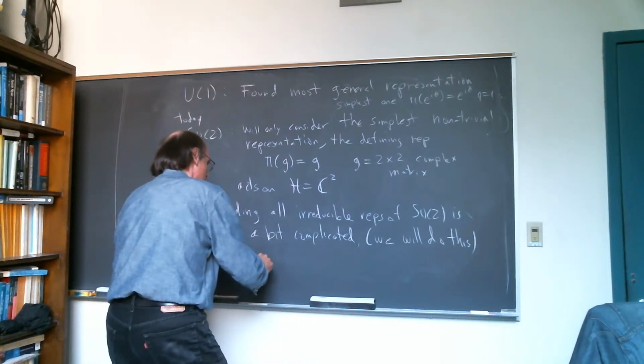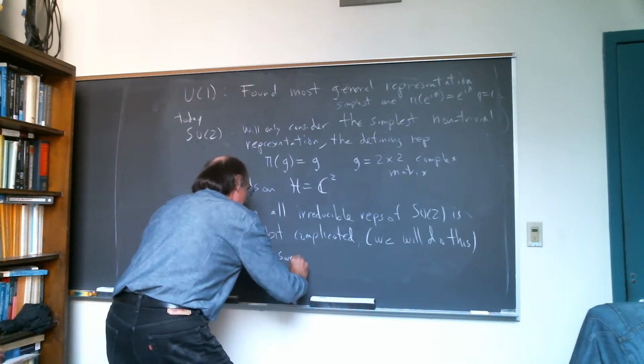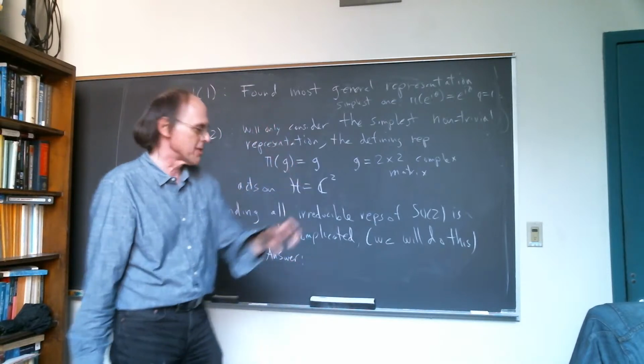The answer, which you may have seen, is that these are often called the spin n over 2 representations.